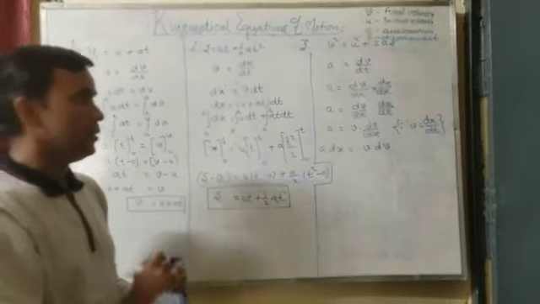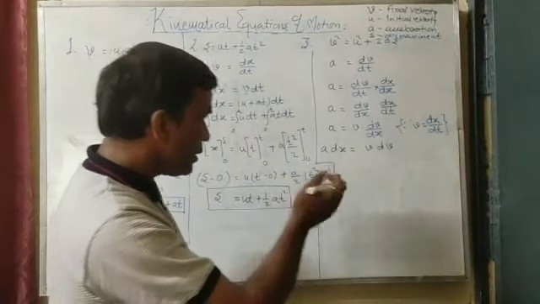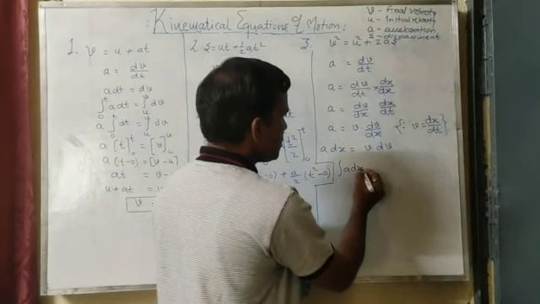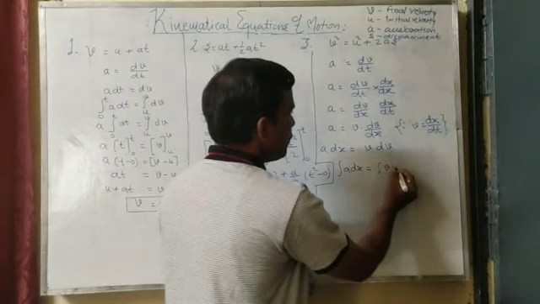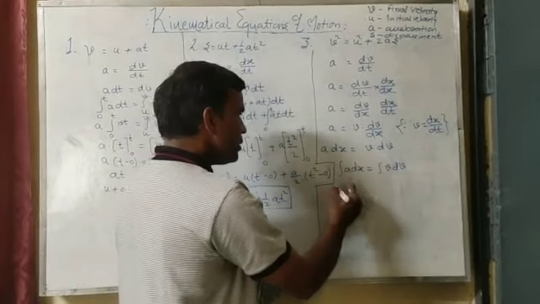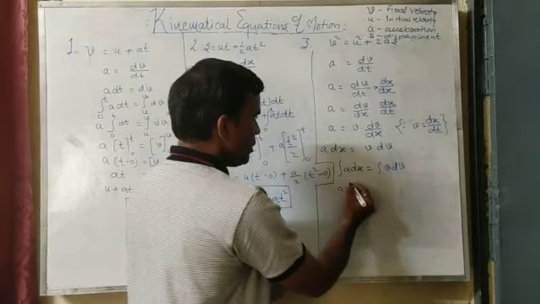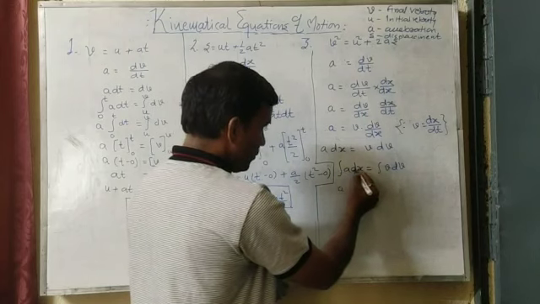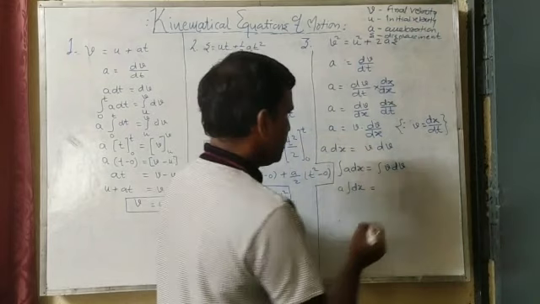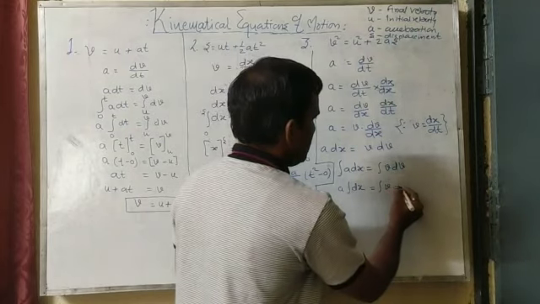Now we'll integrate both sides. On integrating both the sides, we'll write integration of a dx is equal to integration of v dv. Here again a is a constant, we take it outside the integral, and integration of dx we'll write in one step. Next step, we'll integrate on the other side v dv.